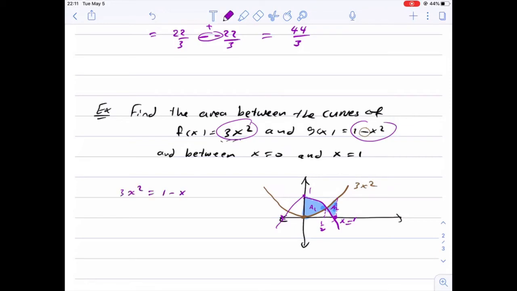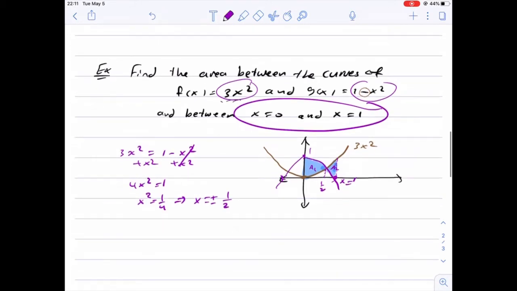We have 3x squared equals 1 minus x squared, and then we add x squared to both sides. We have 4x squared equals 1, and then divide by the coefficient of x squared. Then take the square root of both sides. We get plus or minus 1/2.